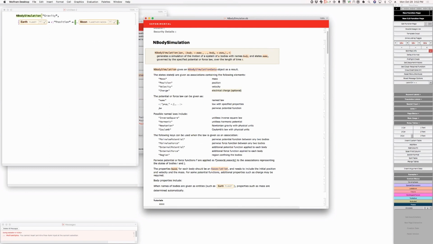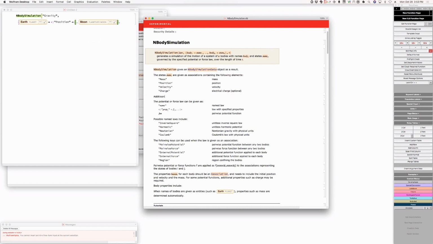I see. Are any of them compulsory? Mass, position, and velocity are compulsory. Okay, then let's leave out charge here.